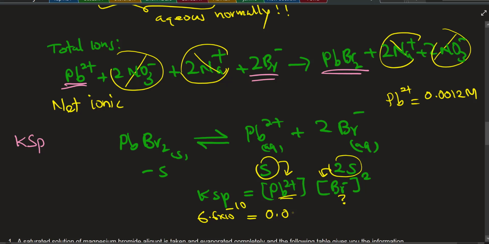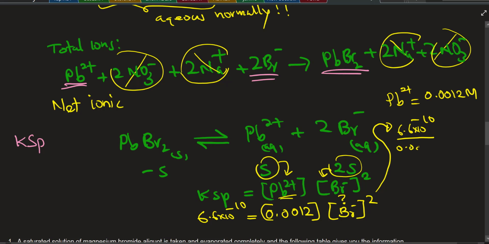Now you can plug in the Pb2 plus value, and the only thing we're looking for is Br minus. Unfortunately, it's to the power of 2. Don't drop that one, right? So now you divide the KSP by 0.0012 and take the Br out.